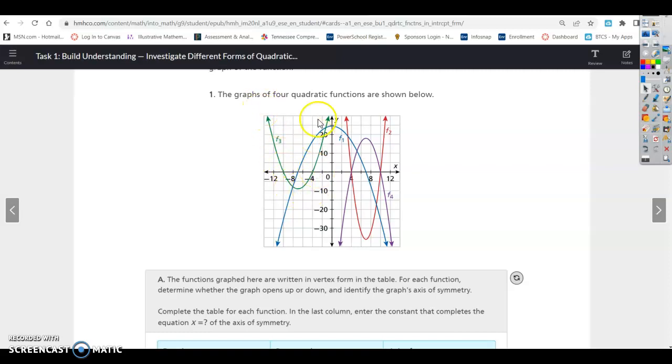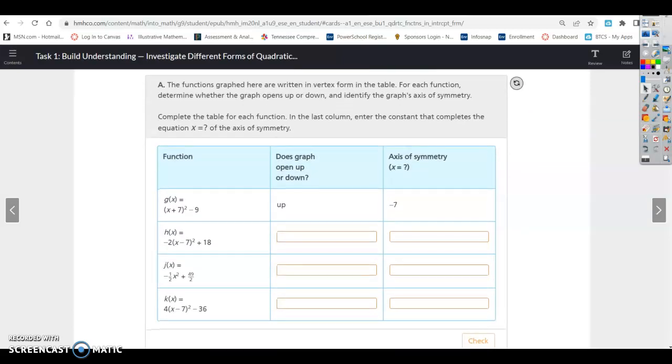Again, it turns up, so you know a is positive. The blue line here is upside down, so a would be negative for that one. The purple line, it's upside down, so that means that a is negative. The red line is turned up, a U-shaped graph, so it's a positive a value. And again, you can locate the x-intercepts, which are called zeros, and the axis of symmetry goes through the vertex of each one of those.